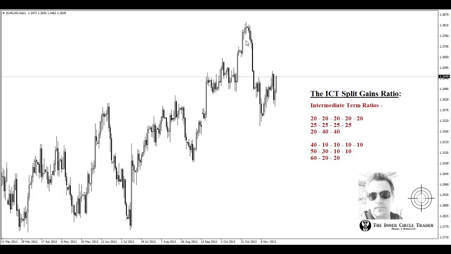If you're trading out of sync, against the daily and/or 4-hour, and you want to scale out in 5 stages, you can take 40% off initially at a price objective, and then 10, 10, 10, and 10, leaving small portions on. Even if just by luck, even though you're against the higher time frames, you could still manage to get some pretty good gains, like we have here and like we have here.